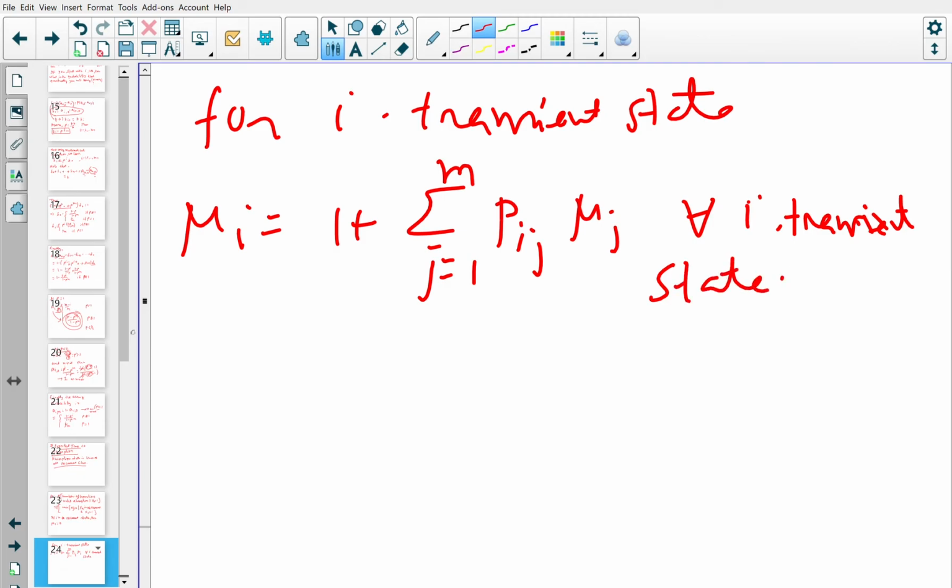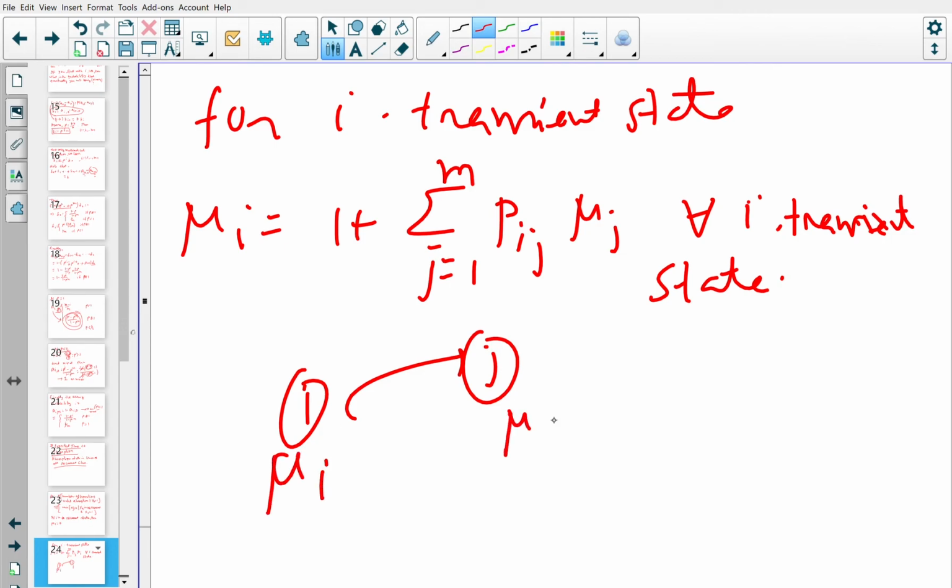This is clear? Because first you start with state i, you take one move, and suppose you end up with state j. Now from here you want to know the expected number, and if the expected number from i is mu i, then from here this number is mu j, right?